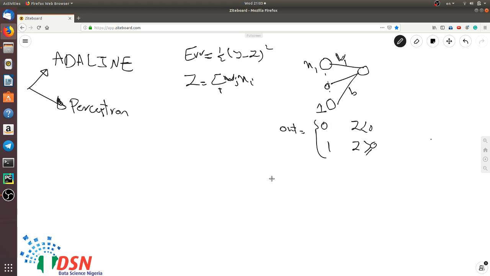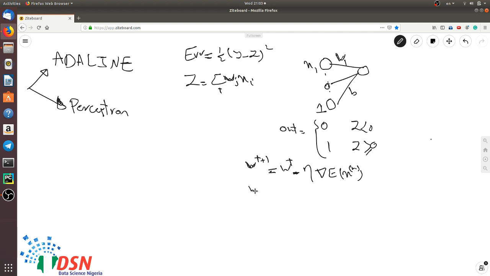In Adaline, we use gradient descent. So for updating the weights, we use the previous weight w_t minus the learning rate times the gradient of error.